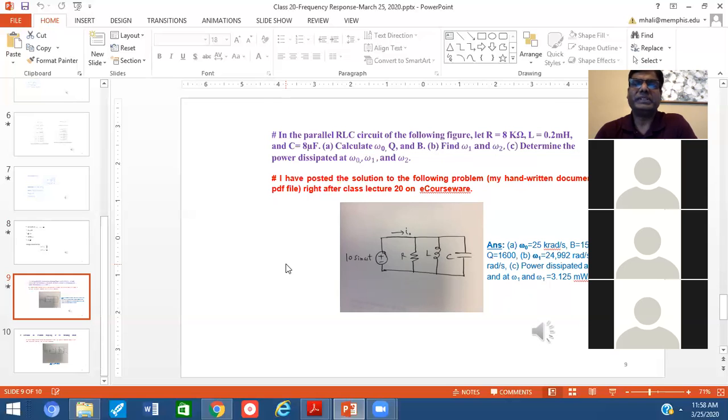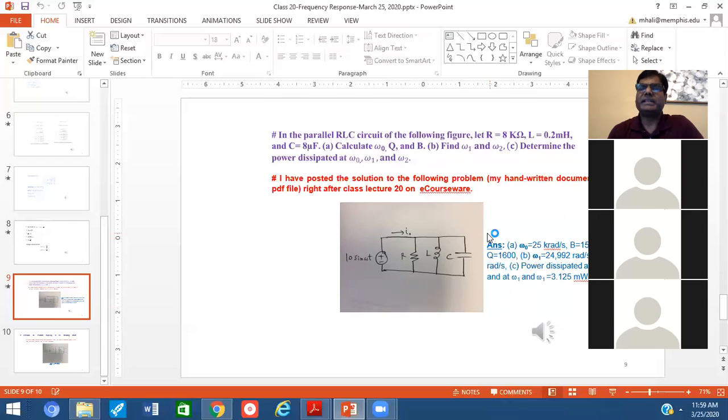In the next slide, there is another problem. We will be discussing those two problems. I already uploaded the solution, and right after this class lecture, you will notice a PDF file that is my handwritten document. It is already there, and here I have written down the solutions, the answers.